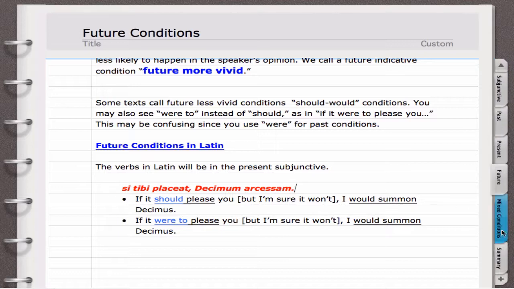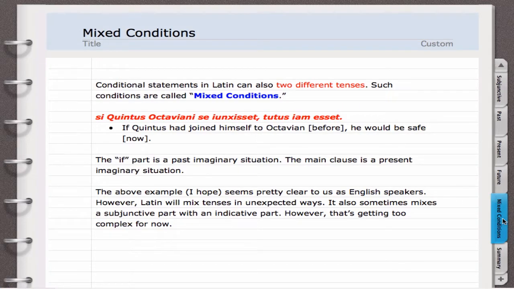Moving on here. Mixed conditions. Conditional statements in Latin can also have two different tenses, and so they call these mixed conditions. This is getting a little more complicated, so in the beginning of learning subjunctive conditions, you won't deal with these too much. I just want to let you know that when you get to the real Latin, the real stuff, these are some things that can happen.